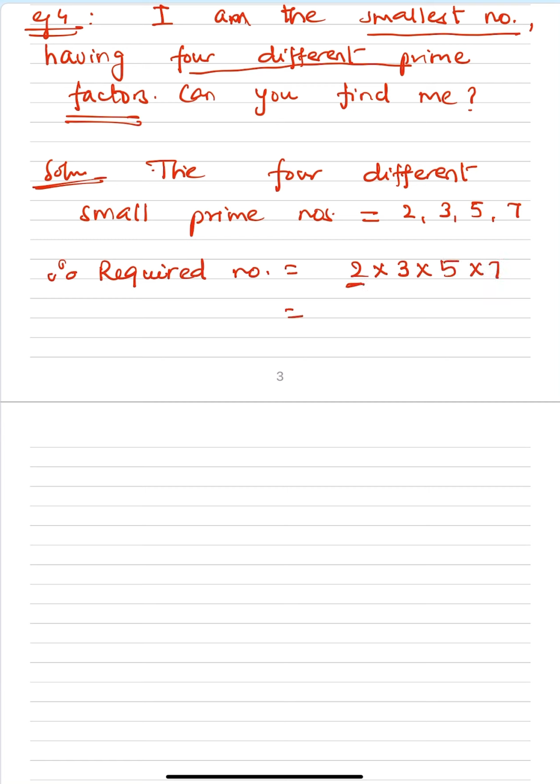I will take this as 10 into 21 because this will make the calculation easy. So 210 is the required number. Correct? This kind of sums can be asked and you should practice it.